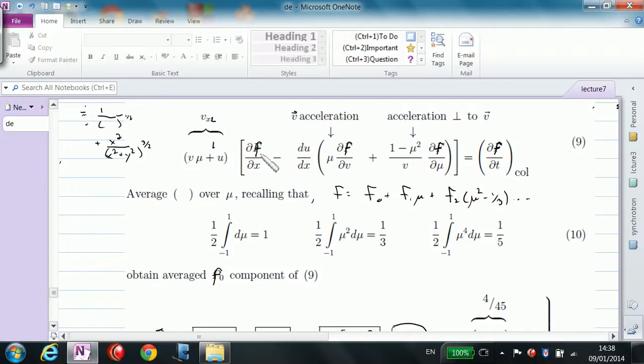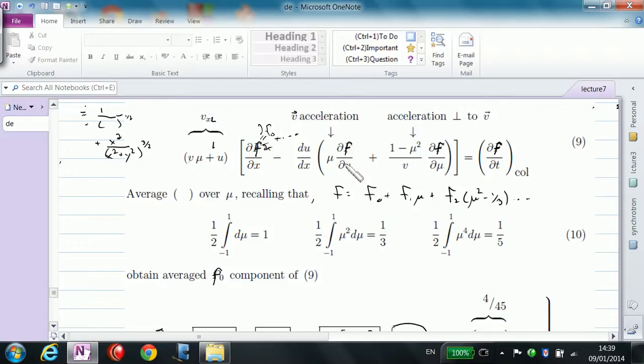If I expand f in terms of f naught, well, v mu times df naught dx is generating the f1 because more particles are flowing in from the left than flowing back from the right. If df dx is positive, then more particles are flowing backward from the right than in from the left.